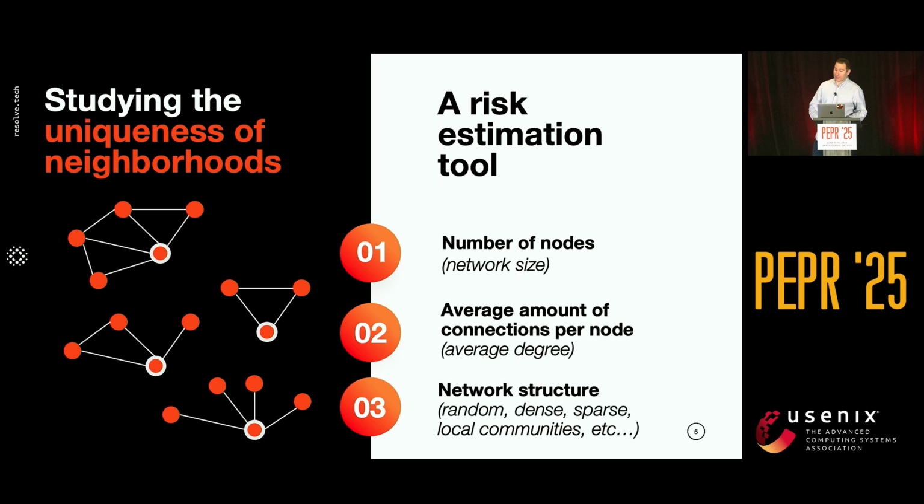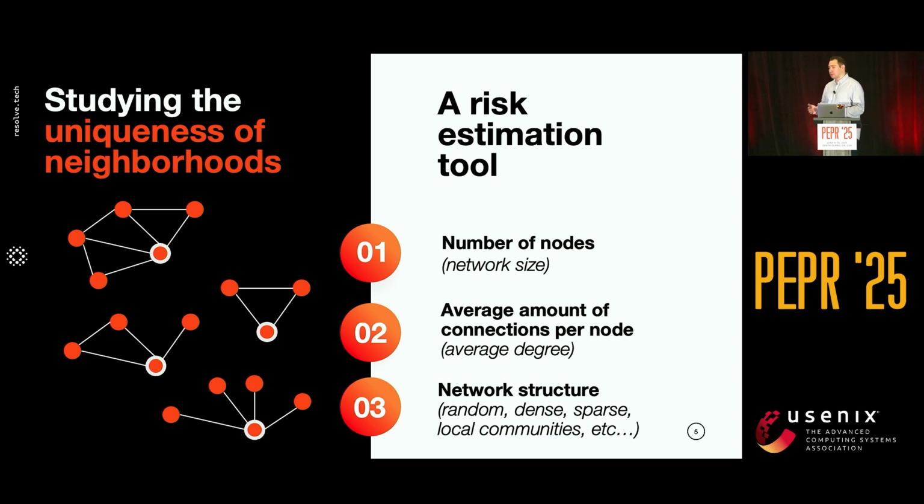Based on the network size, how many nodes there are in the network, the average amount of connections per node, so how many friends we have on average, and the network structure, because we know that graphs can be sparse, can be dense, can have local communities as well, can be random. So there is a whole field called network science that studies the structure of graphs.